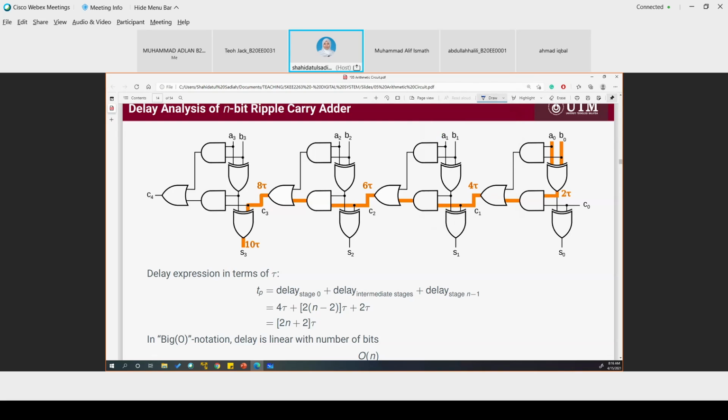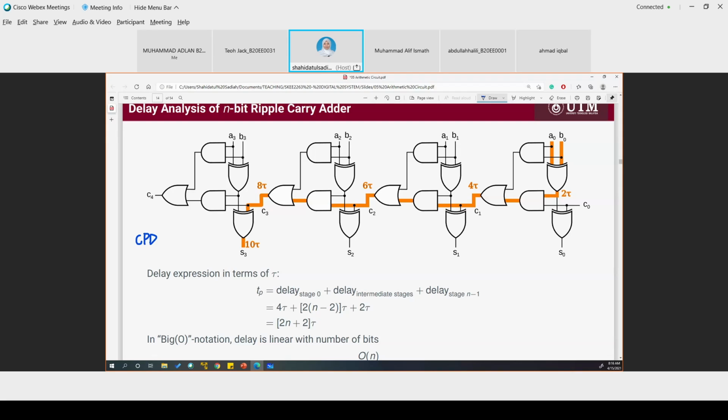To find the delay, we have to find the critical path delay, which is the longest path, having the highest delay, which for an n-bit ripple carry adder is this one.